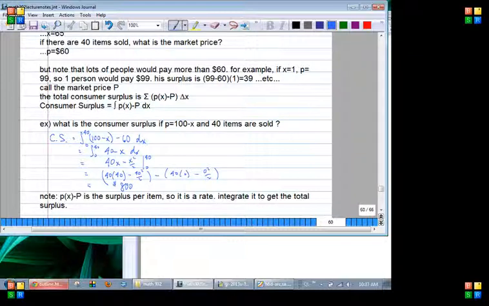So in a sense, this is the surplus per item. It's a rate, so you integrate it and you get the total surplus. Now, this is a very complicated way to think of it as a rate. It might be easier just to think of it in the old way, that you're adding up all the individual surpluses. So we got that.